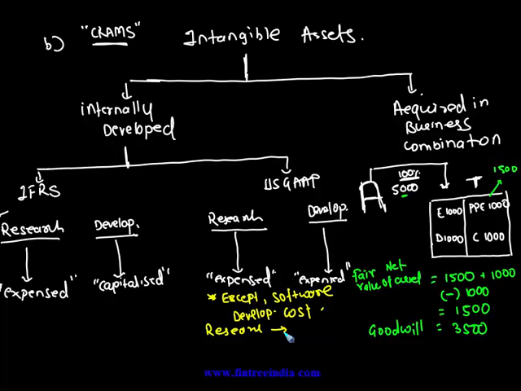You don't know whether it would be put to use, but you're trying to figure out whether we can really have some technological use out of it. So all the research expenditure is expensed, and all expenditure after that, let me call that development, is to be capitalized. Which means software development cost is similar to what otherwise would be treated in IFRS, where we expense the research and capitalize the development cost.